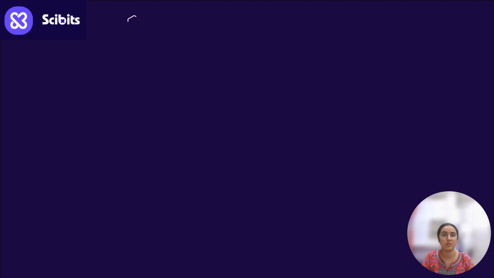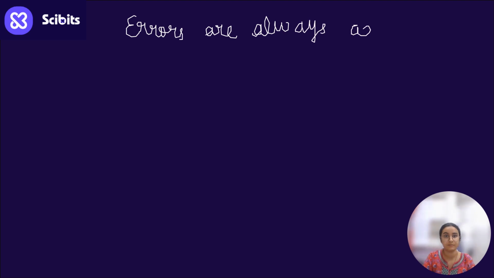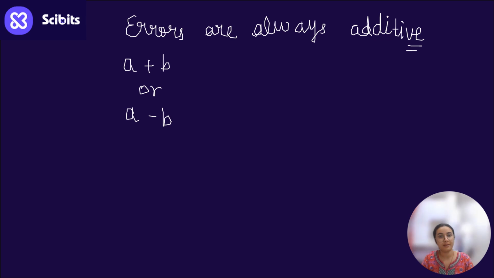And one more thing to remember is errors are always additive. No matter whether the quantities are being added or subtracted, there is a little bit of error in each quantity, it can be more or less.